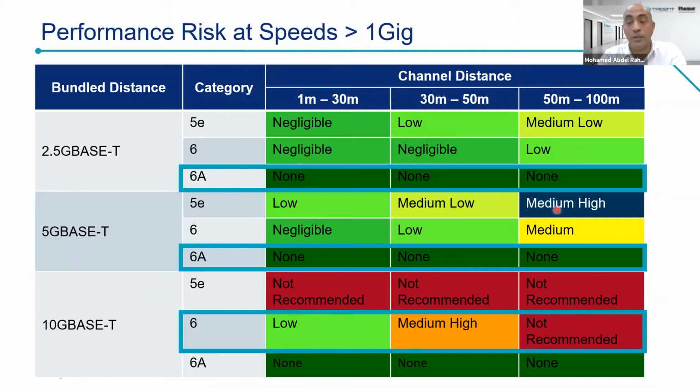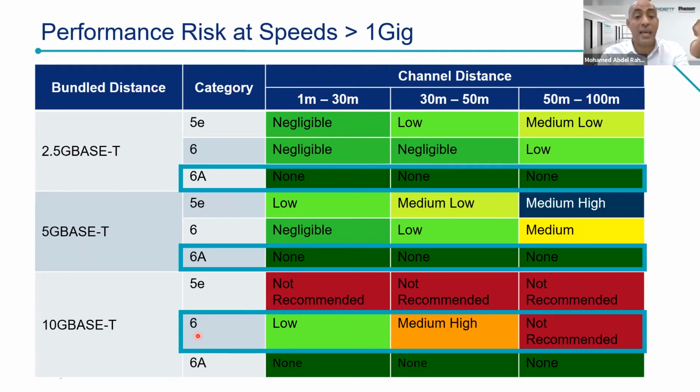So it is very important to consider that supporting 2.5 or 5 gigabit per second depends on the quality of the existing cable, the bundle size, and the link length, to have the ability to run 5 gig or 2.5 gig.